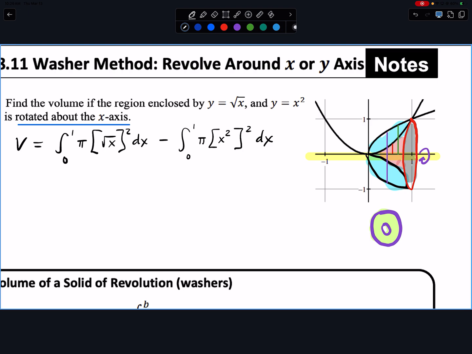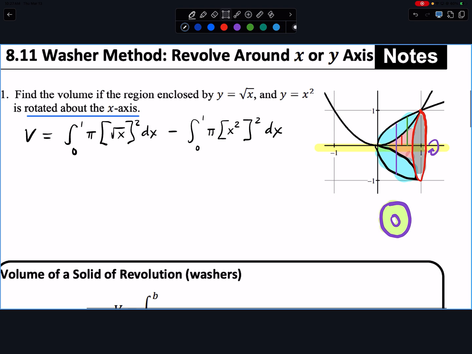Now this is a lot of writing, so we can do some simplification. Do you guys notice that they're both integrals from 0 to 1? And you guys notice that they both have a pi in the formula. So what I could do to combine these into one integral is put the pi on the outside, same bounds from 0 to 1, and it's just going to be the big function squared minus the little radius squared dx.